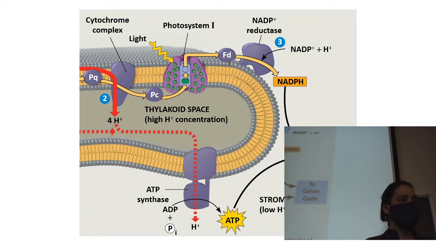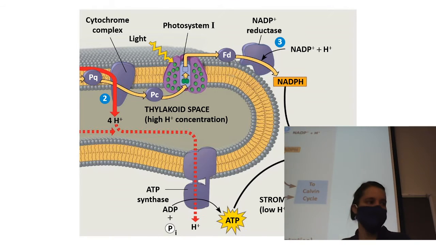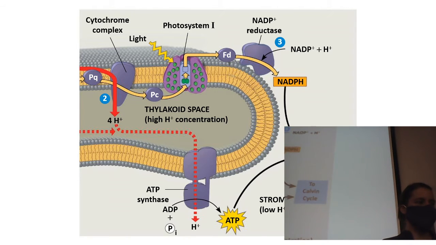This NADPH heads for the Calvin cycle. The hydrogen ions that you've either made or pumped in are going to drive ATP synthesis. And this ATP is also headed for the Calvin cycle. We're good? Excellent. Questions about that?